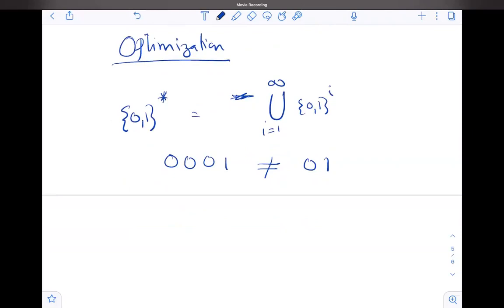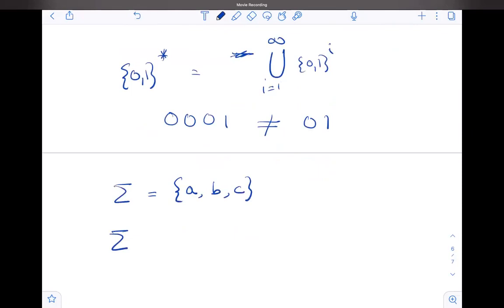Now, if I take any sigma, sigma is a finite set, say A, B, C. Then what is sigma to the power n? Sigma to the power 5 is the set of all strings of length 5 containing A, B, and C. Similarly, you can define sigma to the power star.